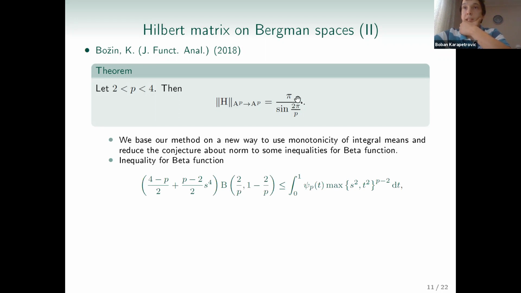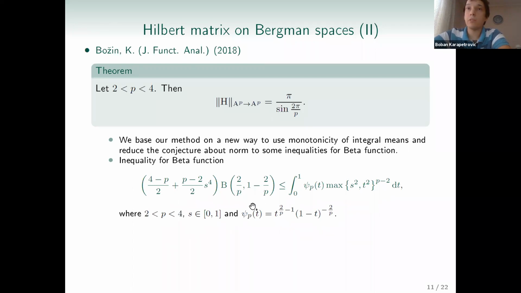So this is exactly this quantity, pi over sine 2 pi over P. And of course, P is between 2 and 4, and S is actually any number between 0 and 1. We also have this function C, and the integral from 0 to 1 of this function C is equal to this beta function.